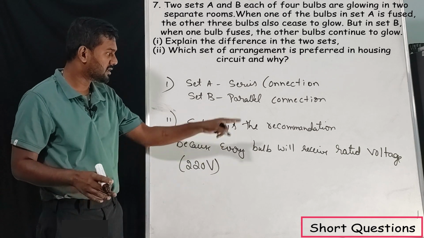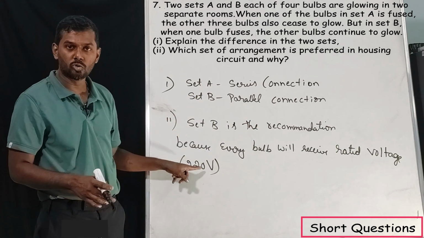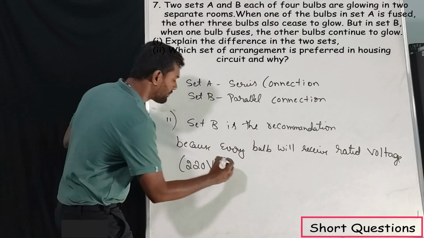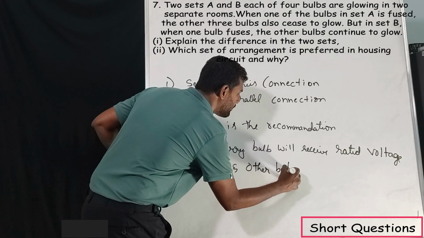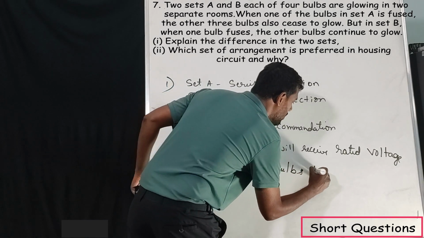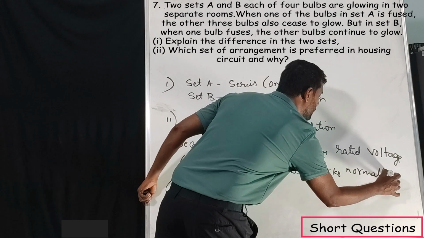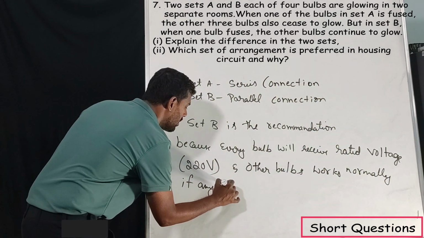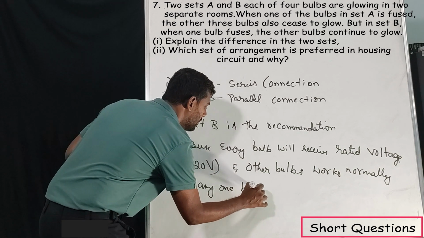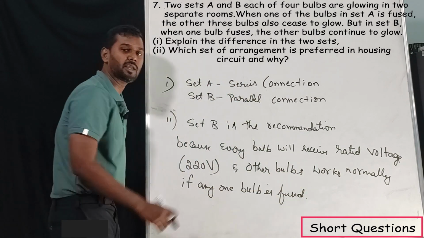So in parallel connection, every bulb will receive the rated voltage, that is 220 volts, and other bulbs work normally if any one bulb is fused or damaged.